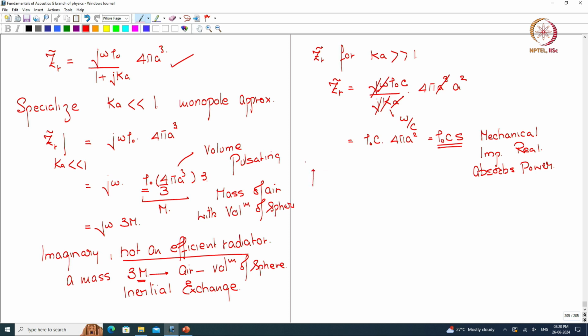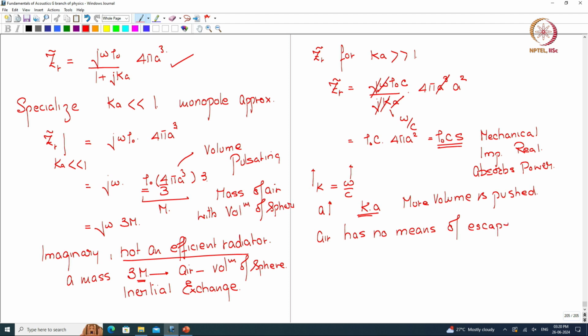So either when the frequency goes up, k goes up, k is equal to omega by c, so omega goes up, or the radiator size goes up, so that Ka goes up, more volume is pushed, frequency goes up, then when frequency goes up, air has no means of escape.